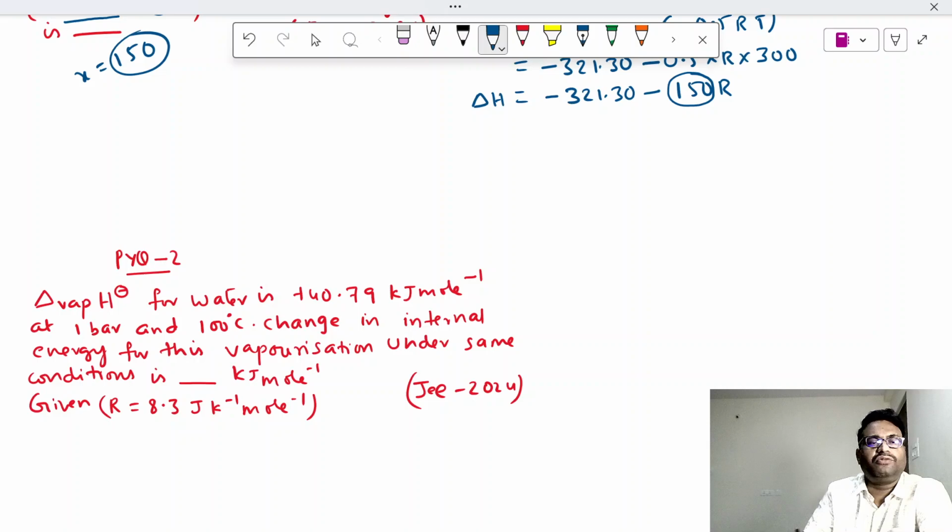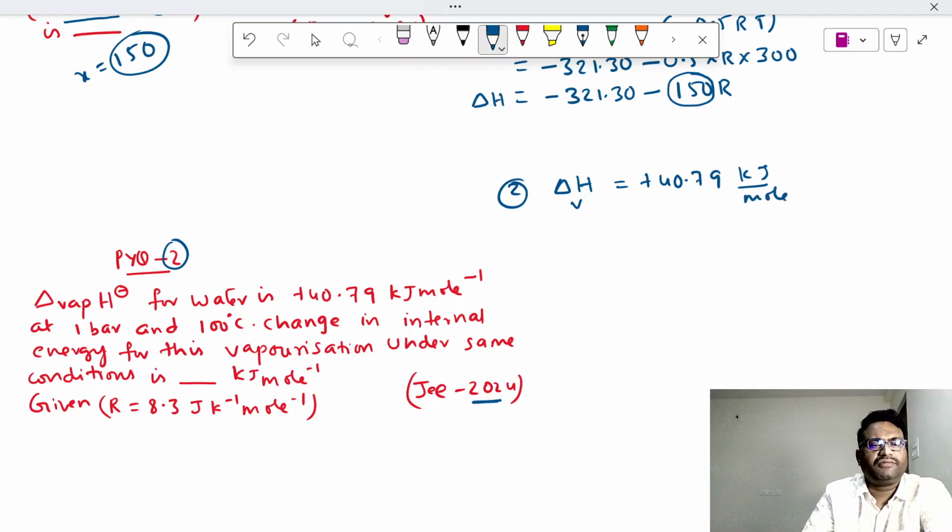Next, coming to another PYQ which is given in 2024 JEE-Main. What is that question? Second question: enthalpy of vaporization for water, delta H vaporization, is equal to plus 40.79 kilojoule per mole, given at 1 bar and 100 degrees centigrade.